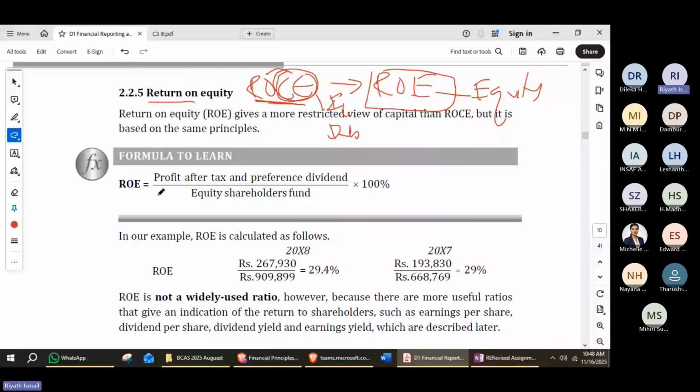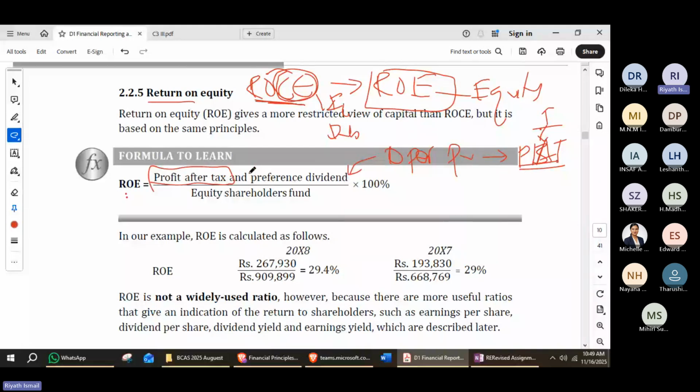So here is the formula for return on equity. Earlier, in return on capital employed, we considered only operating profit. But here it uses profit after tax. It does not include interest cost, right? So very important, profit after tax.